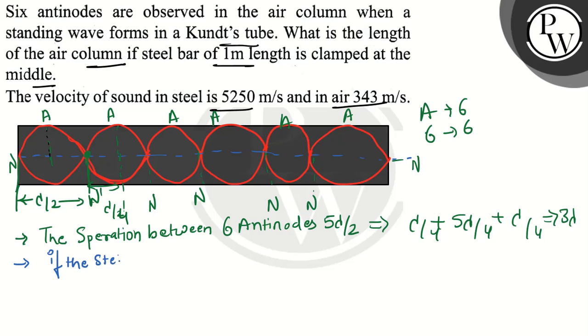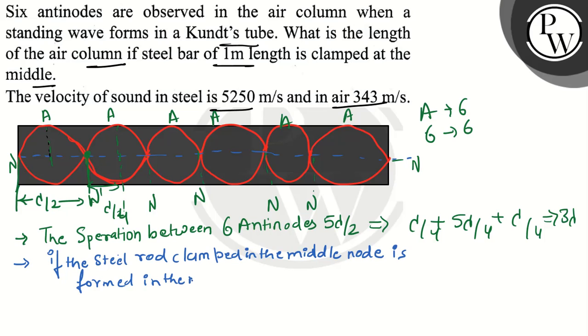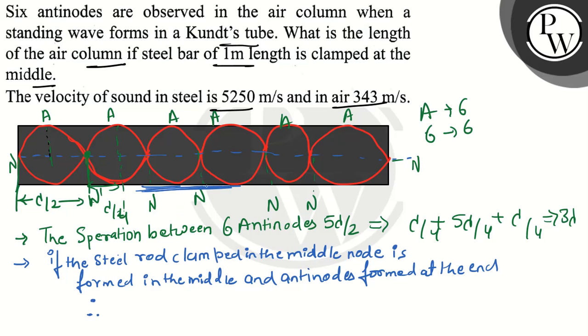If the steel rod is clamped in the middle, a node is formed in the middle, and antinodes are formed at the ends. Therefore, the steel rod is clamped in the middle, and the length of the steel rod is 1 meter.